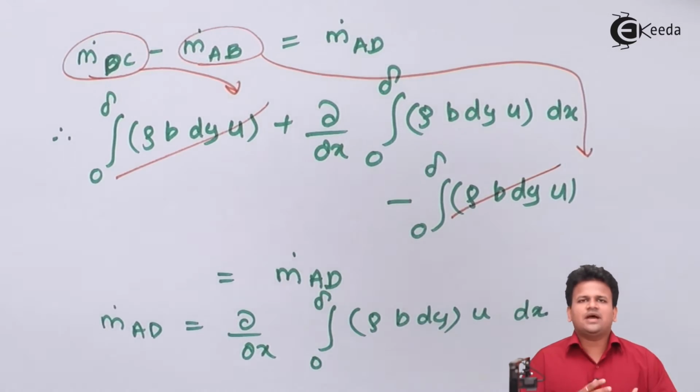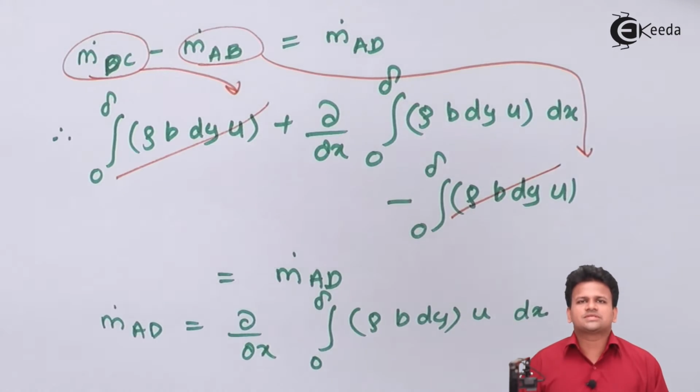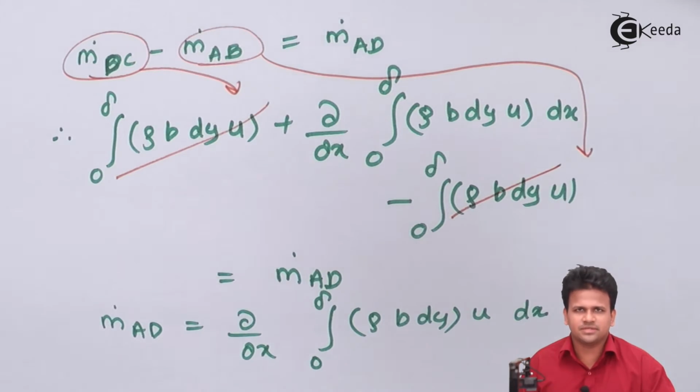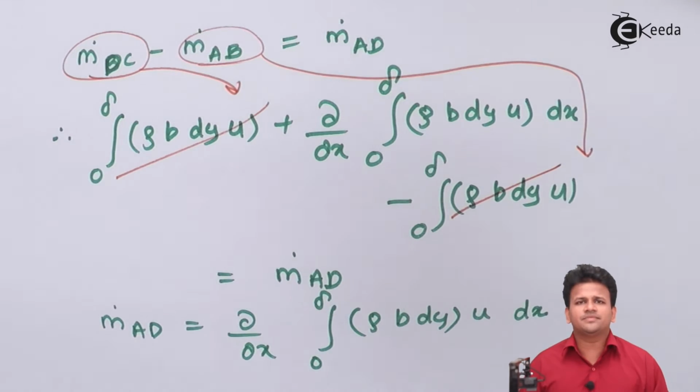So what we have applied over here is conservation of mass. Now since we have got the mass, we can apply conservation of momentum in this equation, not energy. To apply conservation of momentum, we know that momentum is the product of mass and velocity.